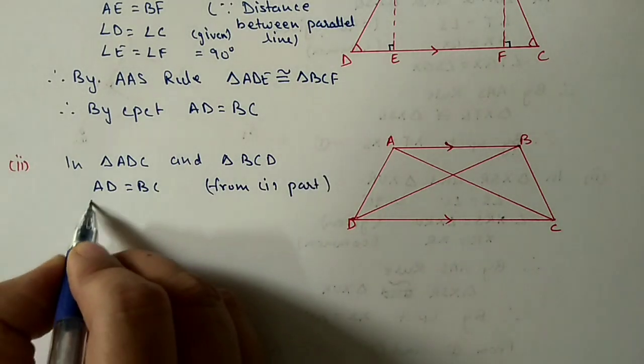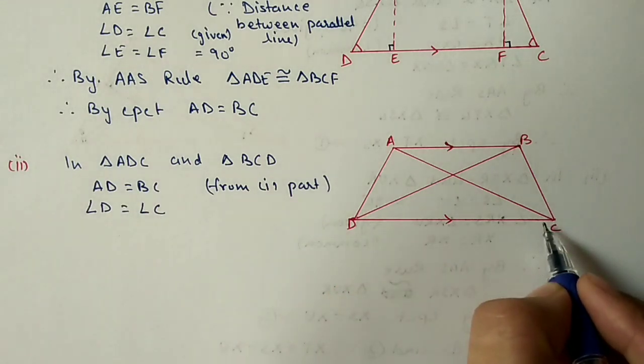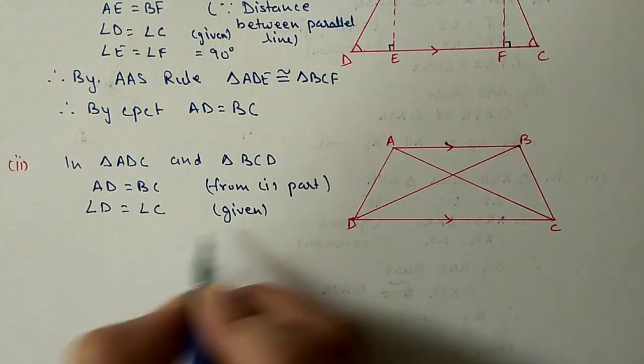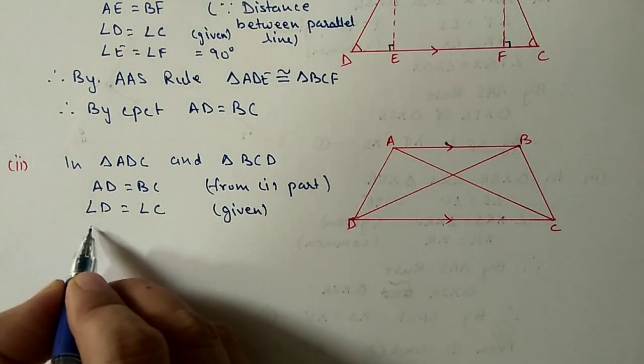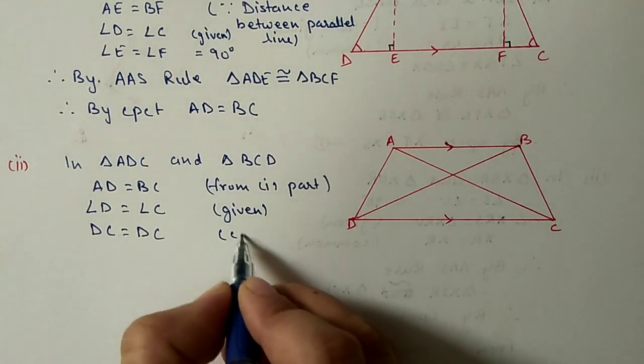Second thing, we can say angle D is equal to angle C. This angle and this angle is equal. It is already given in the question. And third, we can say DC is common for both the triangles.